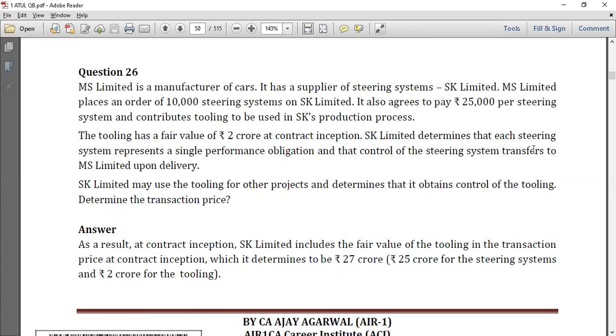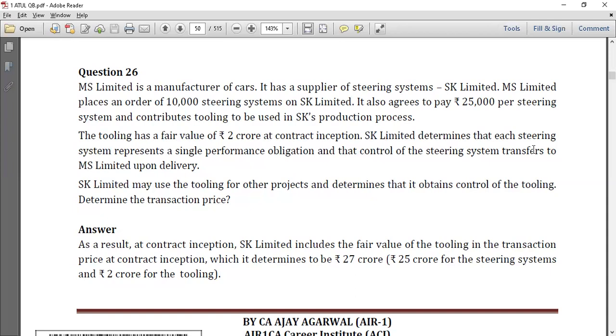Control of the steering system transfers to MS Limited upon delivery. So here SK Limited may use the tooling for other projects also, and it determines that it obtains the control of the tooling.